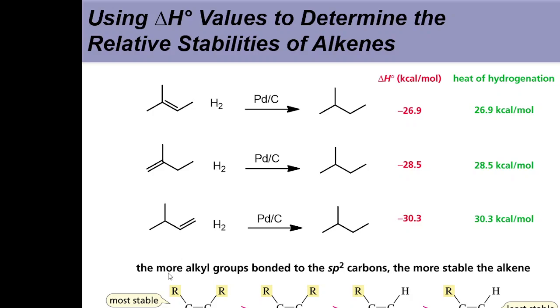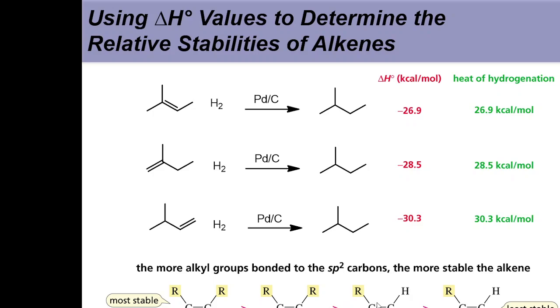Here's the conclusion. On any alkene double bond, the more alkyl groups bonded to the sp2 carbons, the more stable the alkene will be. For example, a double bond with 4 alkyl substituents, 2 on each carbon, which don't have to be the same, will be the most stable. If you have one less alkyl substituent, meaning one hydrogen substituent, it will be a little less stable than the previous one.